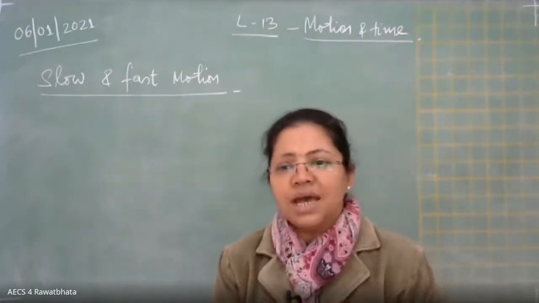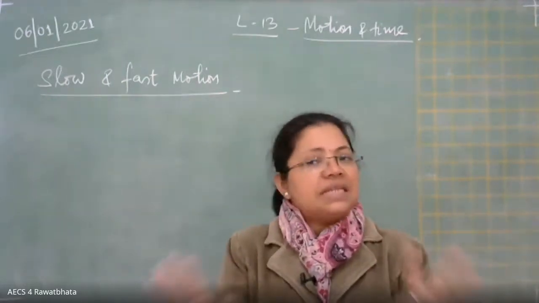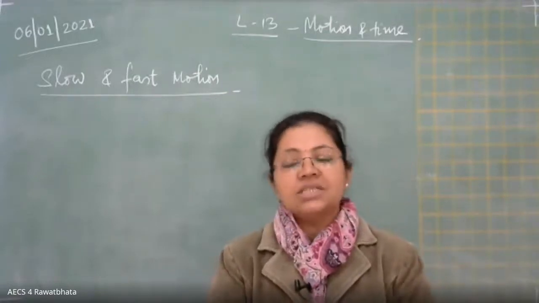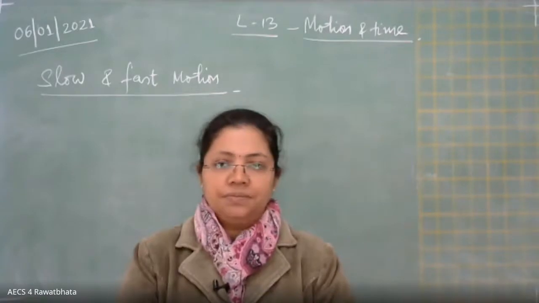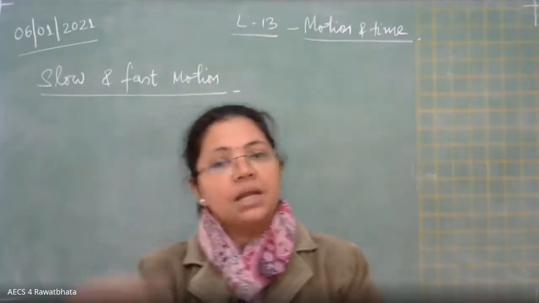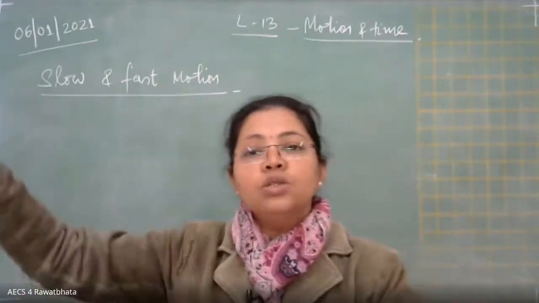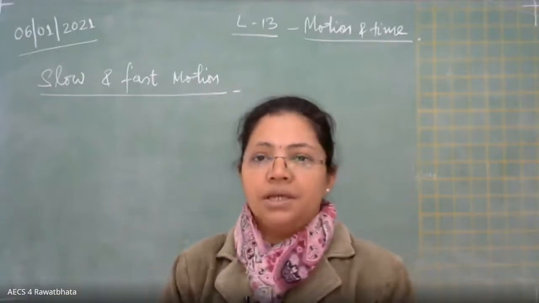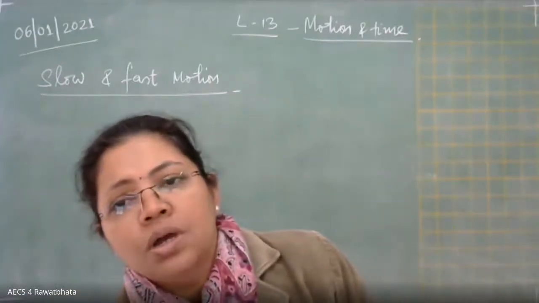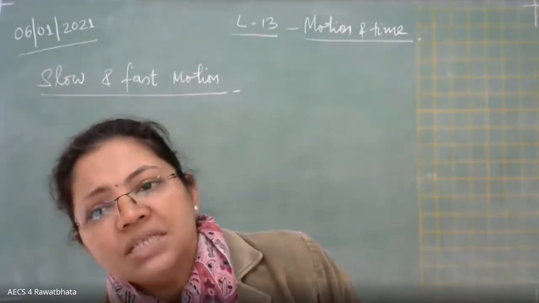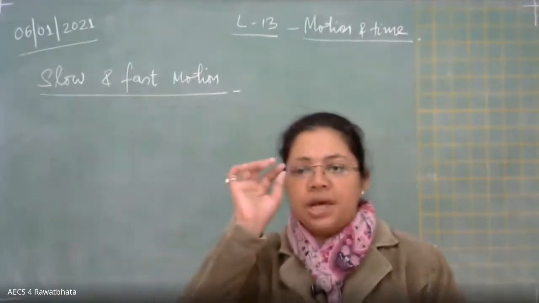Any guesses from your side? Don't give me any technical or crammed answer. I'm just giving you a situation. You are playing in a garden, near the garden there is a road, and many vehicles are passing on that road. So how will you guess which vehicle is moving fast and which is moving slow?